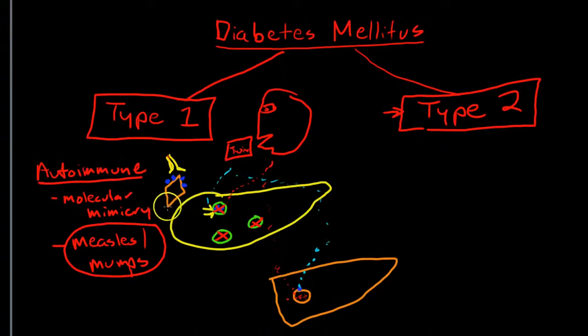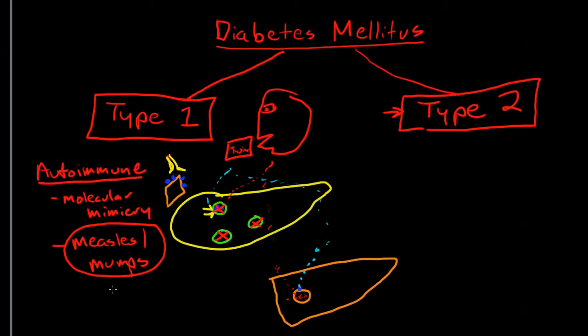There's another theory that there could be connections with very early exposure to cow's milk. So similarly, in cow's milk there may be a protein or a peptide that looks very much like a protein or a peptide that is on the beta cells in the pancreas.